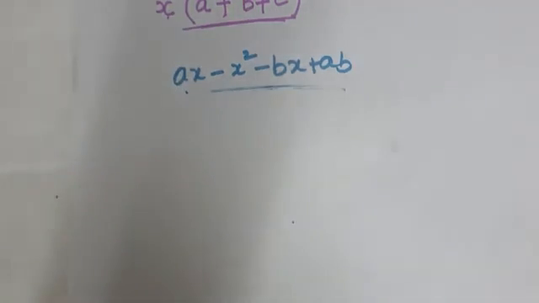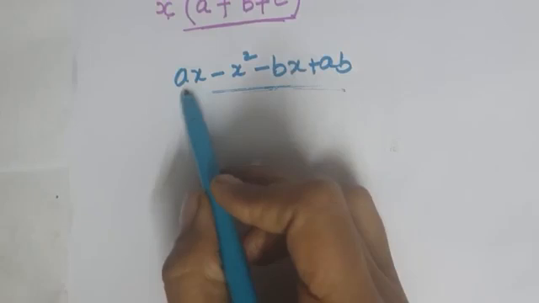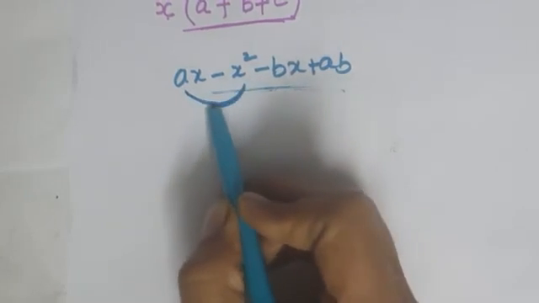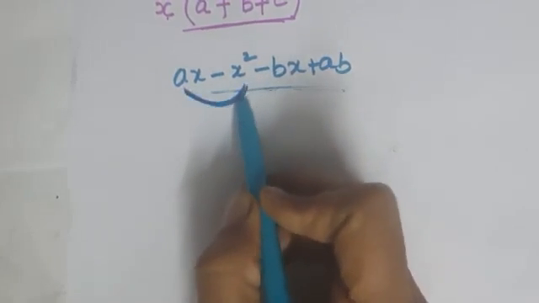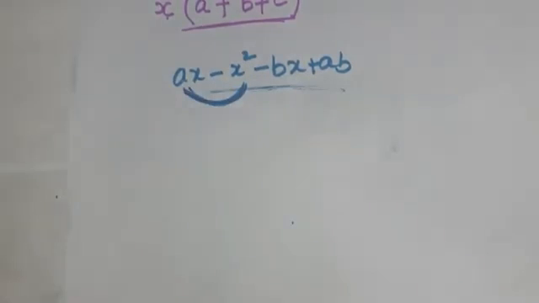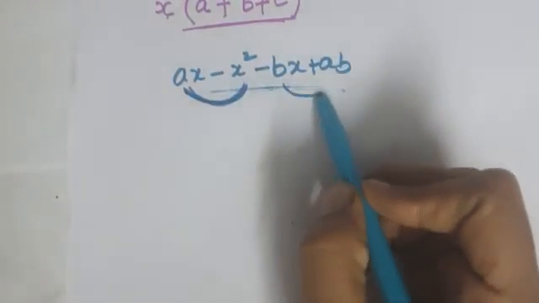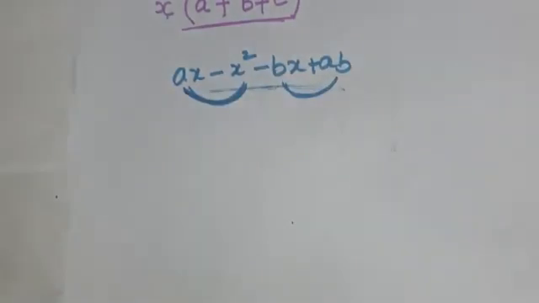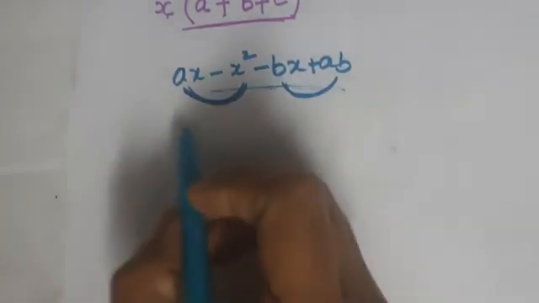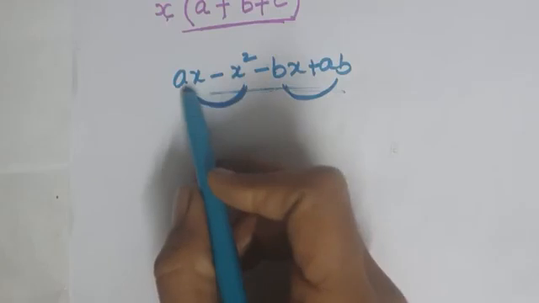Now you have to think here which two terms we will take as a pair. Now see, it is very easy and very clear from here that we will take these two terms as one pair and these two terms as the other pair.